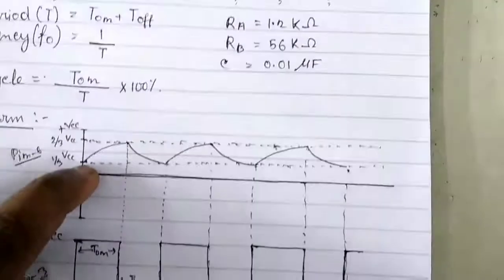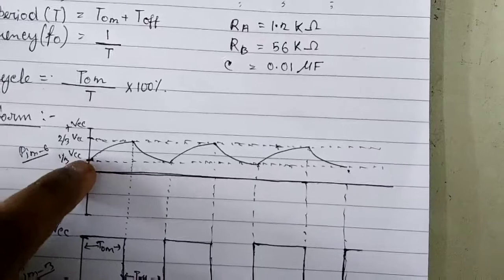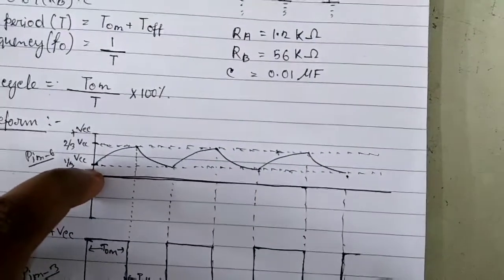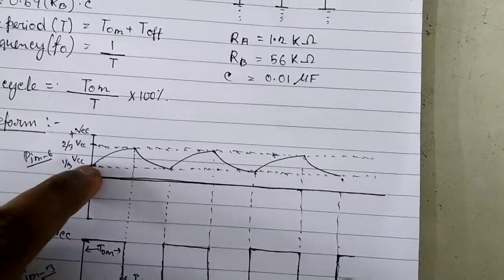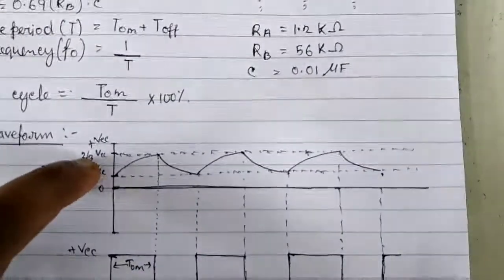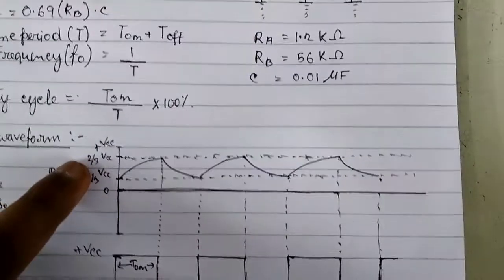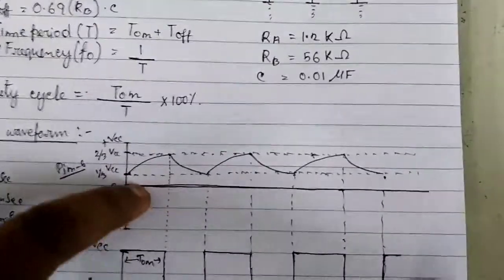So when the voltage of pin number 6 reaches 4 volt, the capacitor starts charging, and when the threshold value reaches 2 by 3 VCC, that is 8 volt, if we apply 12 volt, then 2 by 3 VCC is 8 volt.